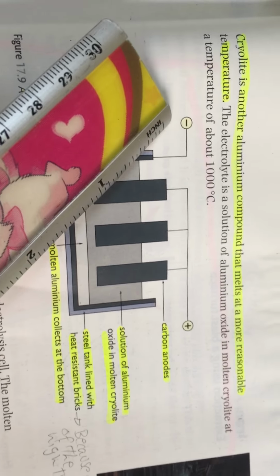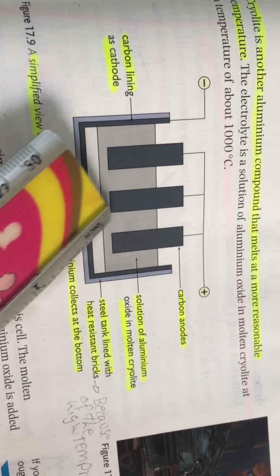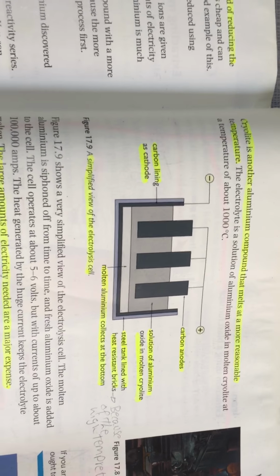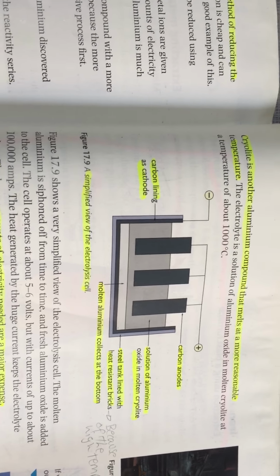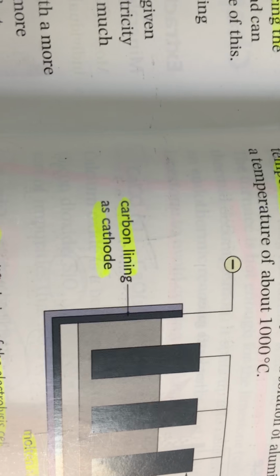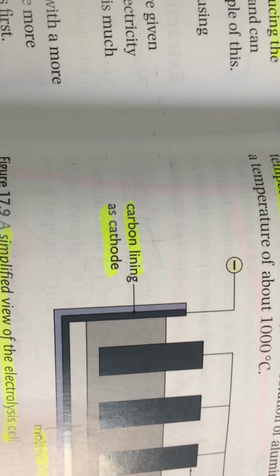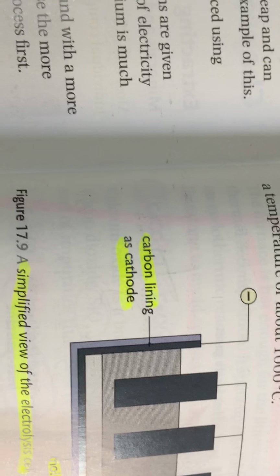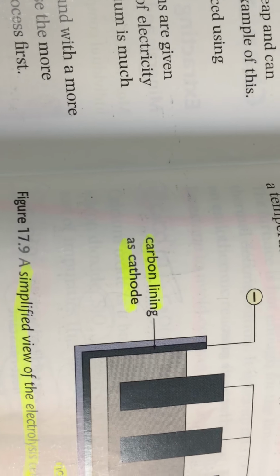We put here the molten cryolite and bauxite. During electrolysis, the molten bauxite will split into aluminium and oxygen. Aluminium is positive, so it will be collected around the carbon lining as cathode. The positive will go to the negative electrode.